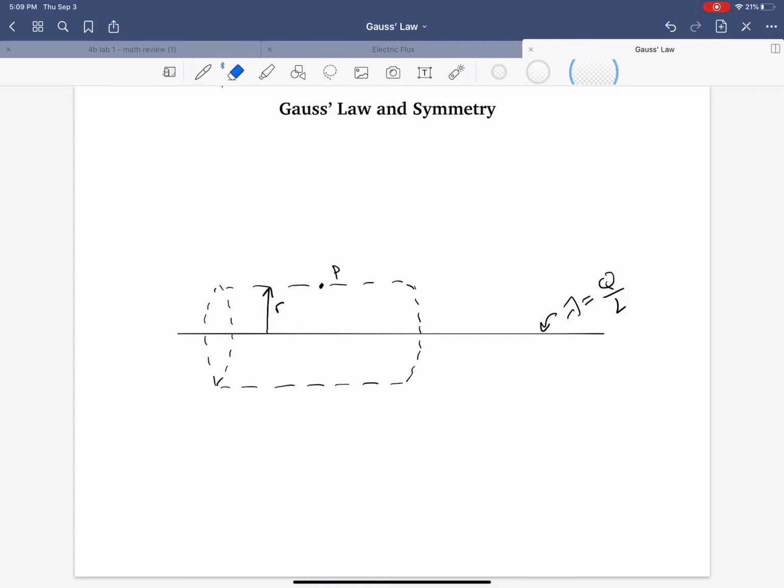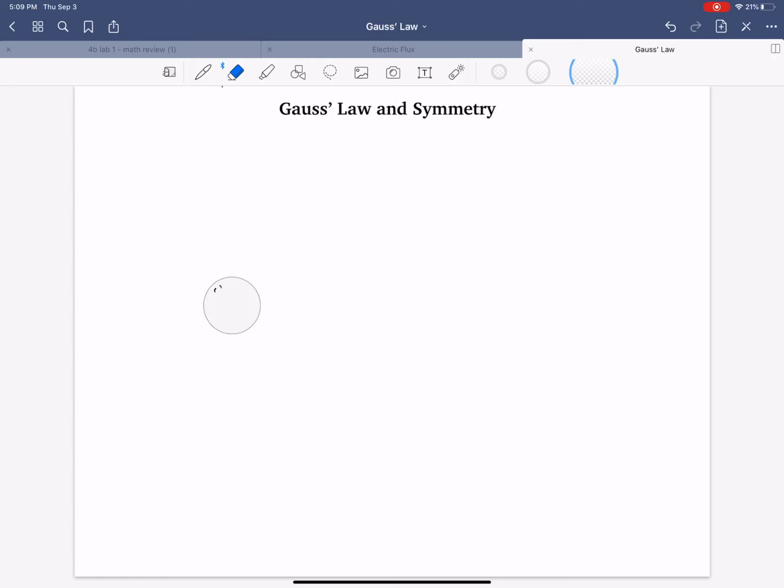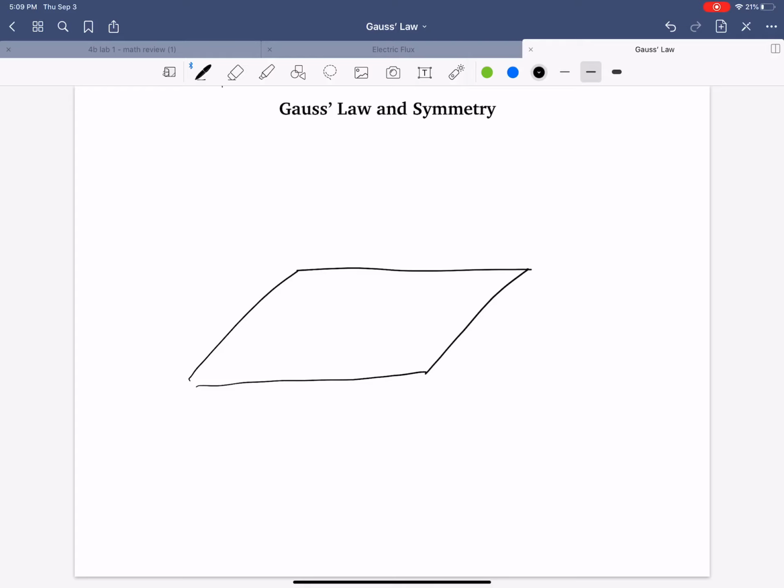And we have one other main one in chapter 23. We have a plane, or a plate. Right, so we have a flat plane or a sheet of charge. For sheets, the charge density is sigma, charge per unit area, and that's constant here.